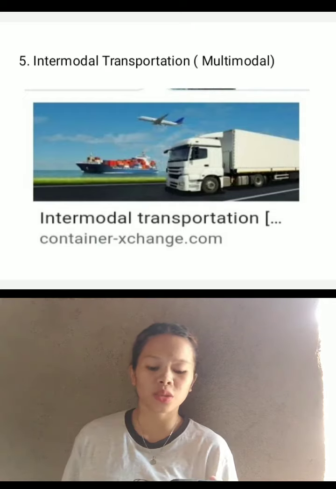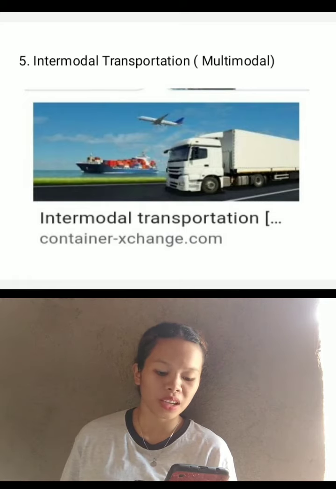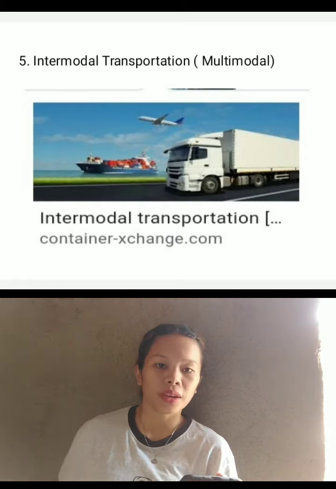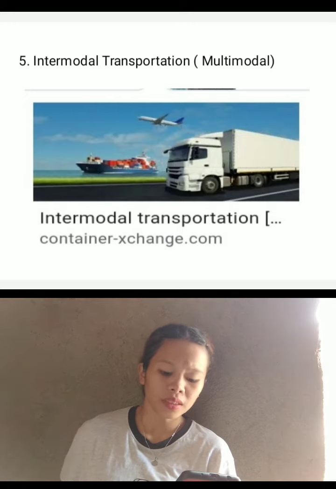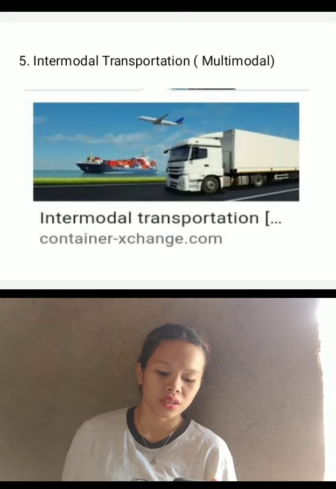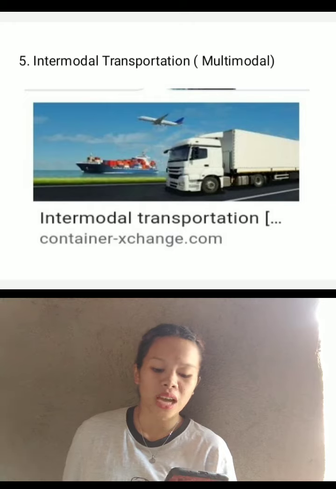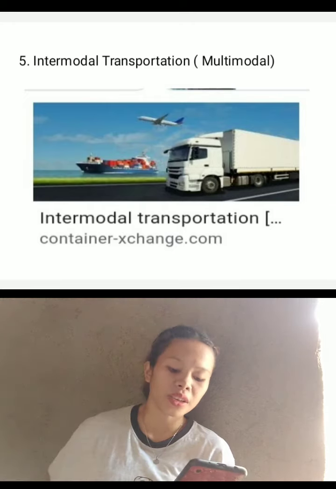The purpose is to take advantage of the individual strengths of the different modes, thus reducing costs. The practice is known as intermodal transportation, and it's often necessary in logistics.